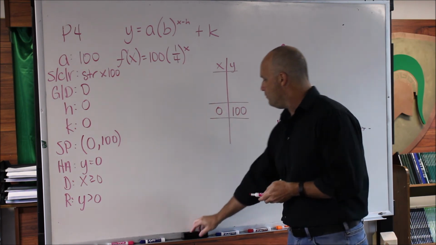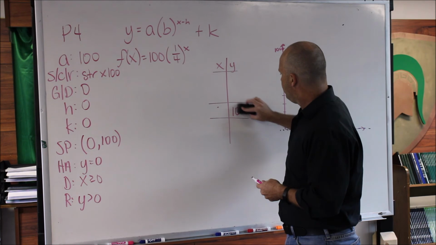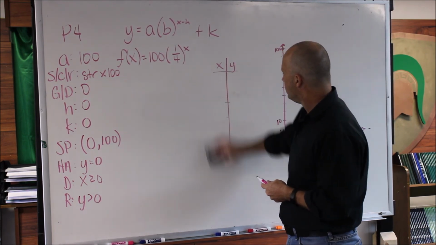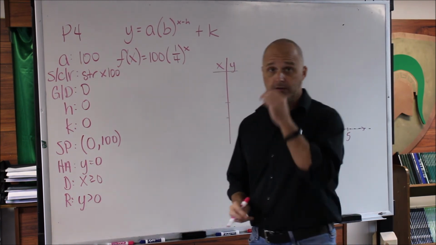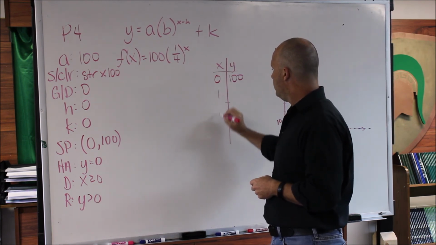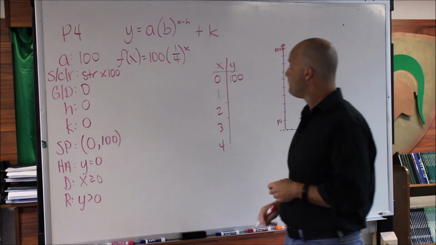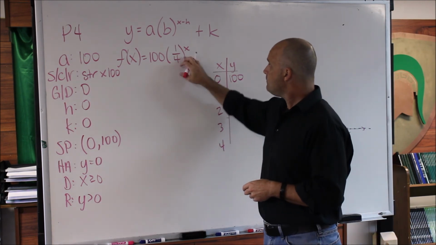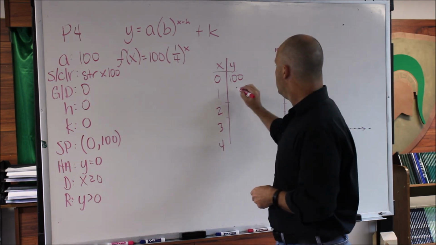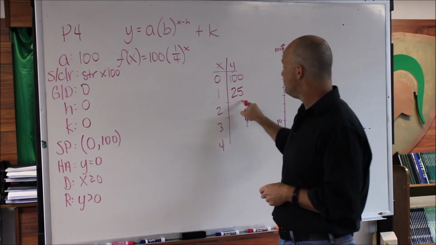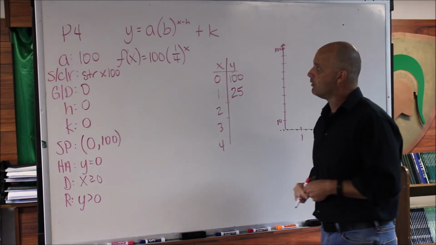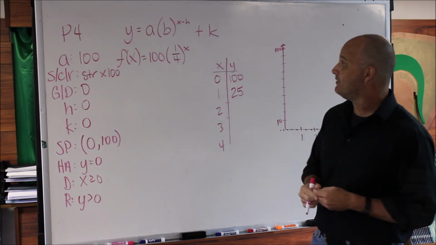I'm going to go ahead and move this up, and I'm going to take away these lines that I used in order to show the starting point. So the starting point I'm just going to put up here at the top, and we're going to go 1, 2, 3, and 4. So if we plug in 1, we get 1/4 to the first power is 1/4 times 100. A quarter of 100 is 25. Then if we do 1/4 to the second power, we get 1 over 16.